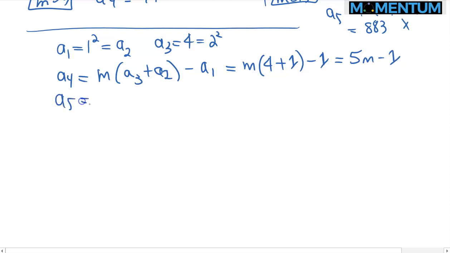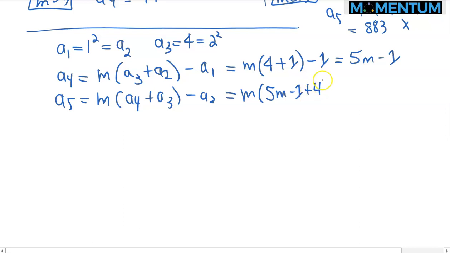Similarly, if I keep going a few more terms, m times A4 plus A3 minus A2, so that's the valuation for A5, which is A4, which is 5m minus 1, and A3 was just 4, plus 4, I should say, minus 1, and that's simply 5m squared plus 3m minus 1.